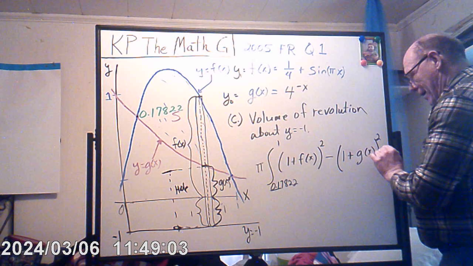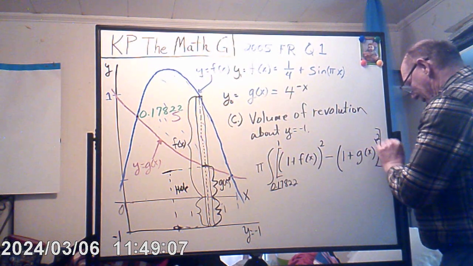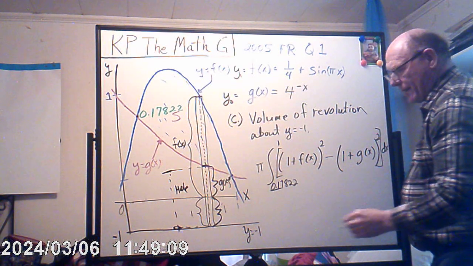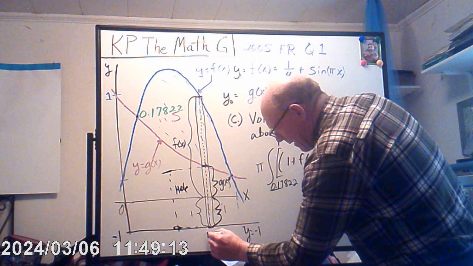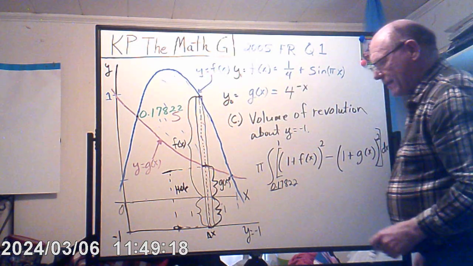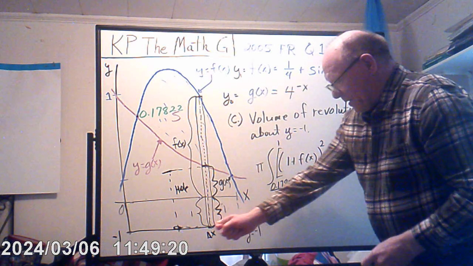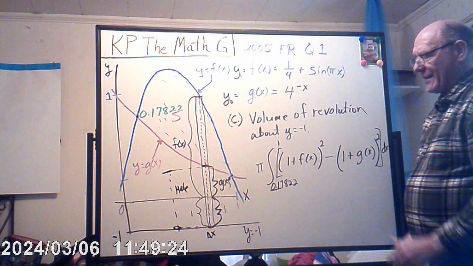And we're squaring that, and we're going to squeeze in dx here. This distance from here to here is delta x, so we say dx here, because it's running parallel to the x-axis.